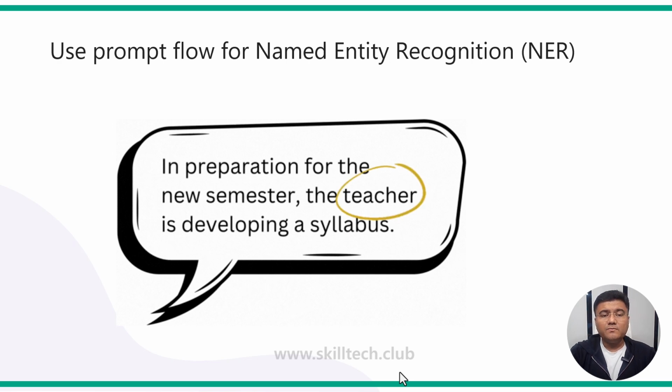In preparation for the new semester, the teacher is developing a syllabus. Now in this case, which job role is involved in this text? The answer is teacher. Now similarly we can provide different prompts, and I want my model to be capable of extracting the named entity from that. And this is what exactly we are going to customize.